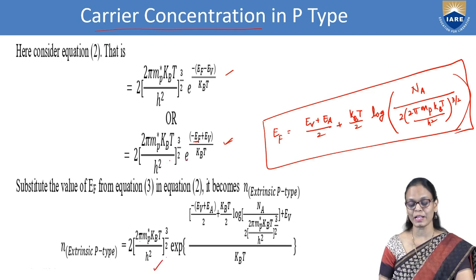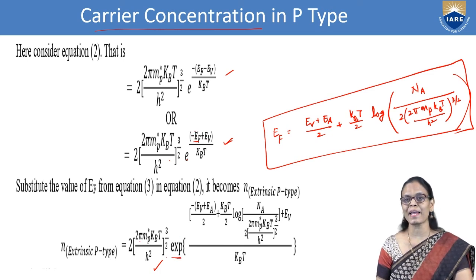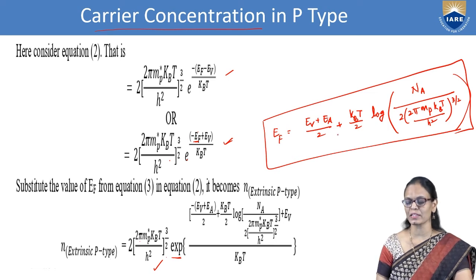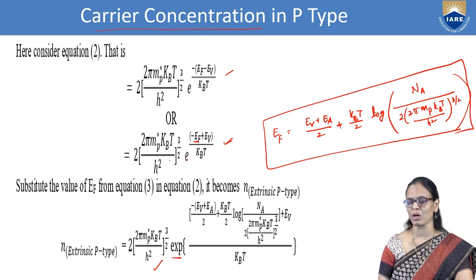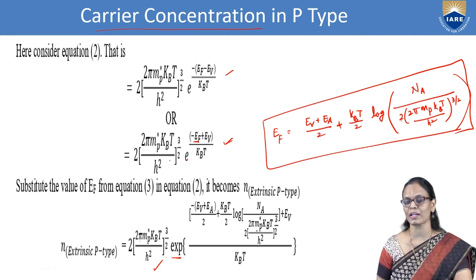Then we have exponential. And in place of EF, we have to write this term. So we have EV plus EA by 2. So, we are writing minus of EV plus EA by 2. And we also have kBT by 2 log Na by 2 into 2 pi mp kBT by h square. So, the same term we are writing.